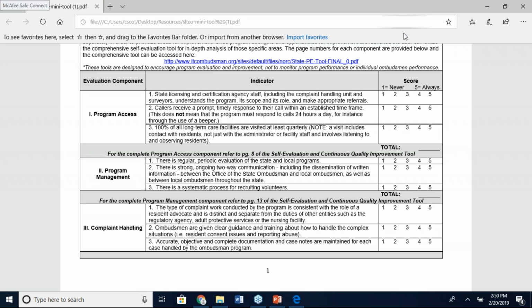This can be a way to show something you've done to evaluate yourself and prove that you need some help within the agency to improve. Another piece that you can do is skip over to the more comprehensive self-evaluation tool and use the more in-depth questions to go into a little more depth and show your leadership that same information in a more detailed way.